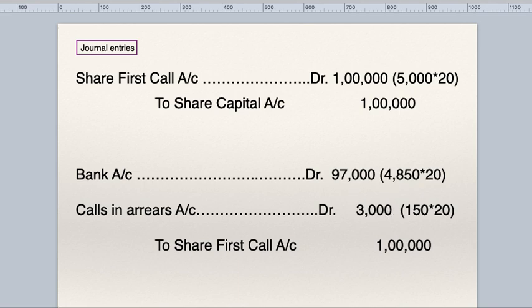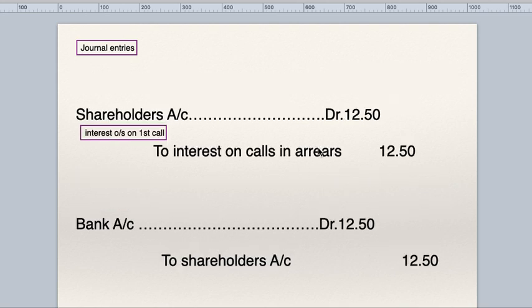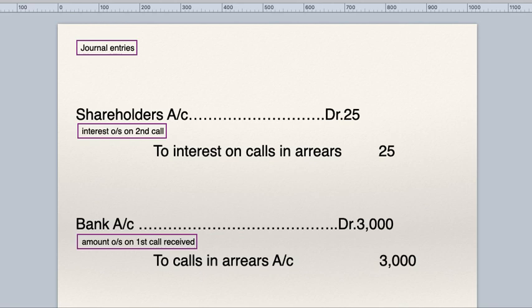So on 3,000 at 5% for 1 month: 3,000 into 5% divided by 12. That is how you should get this interest, and entry is shareholder to interest on calls in arrears and bank to shareholder. Whatever was interest due, they have received.